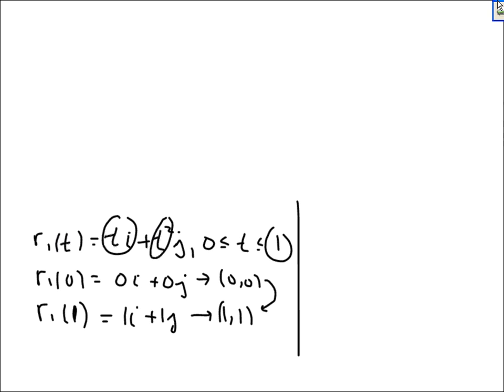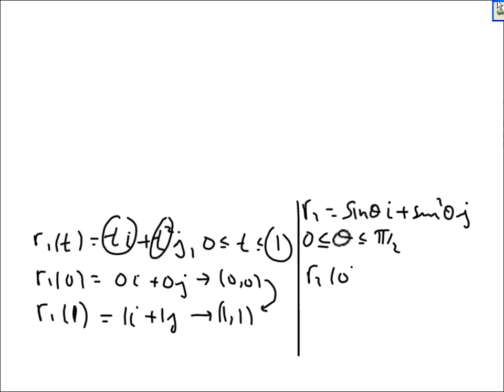Now, for the second path, we were told that R2 was sine theta i plus sine squared theta j, and that theta went between 0 and pi over 2. Now, R2 of 0, sine of 0 is 0, 0 squared is 0.